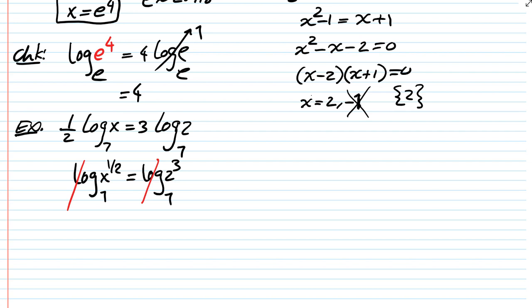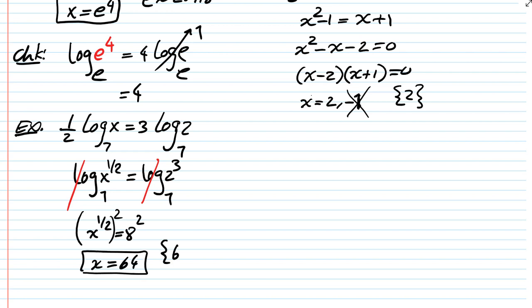From this I get x to the 1/2 is equal to 2 cubed, which is 8. Now how do I solve this equation? We're going to square both sides. x to the 1/2 squared is just x, and 8 squared is 64. So the solution is 64.